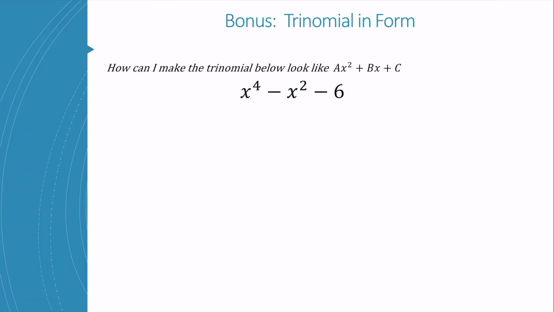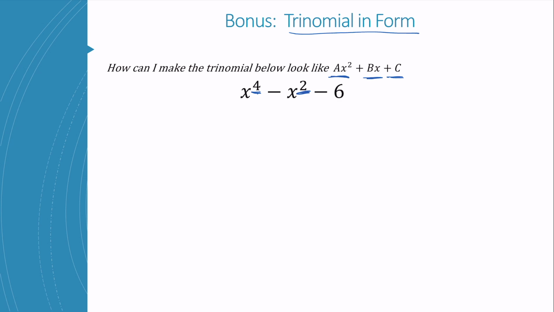So our last two examples are about trinomials in form. What trinomials in form are trinomials that we could rewrite to look like ax squared plus bx plus c. So for the first example, I have x to the fourth minus x squared minus 6. Notice 2 is 1/2 of 4, and 4 is an even number.